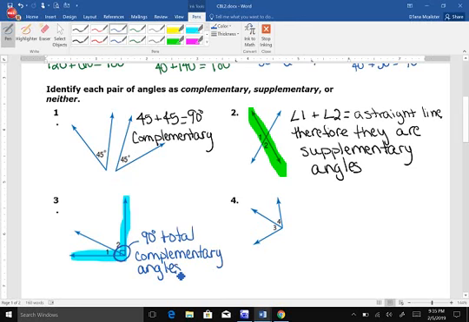Let's take a look at example number 4. Example number 4 does not give us a straight line, and it does not give us the right angle box.